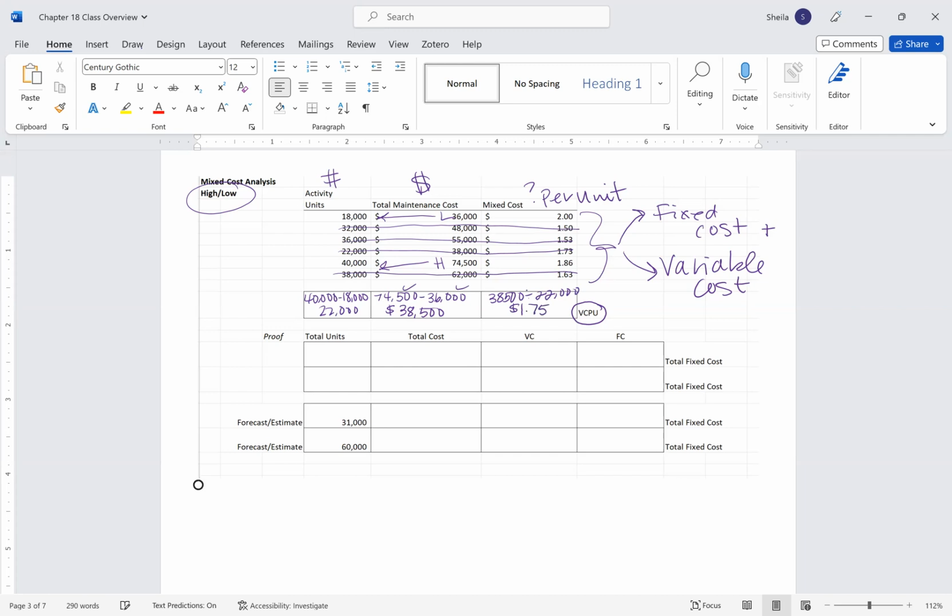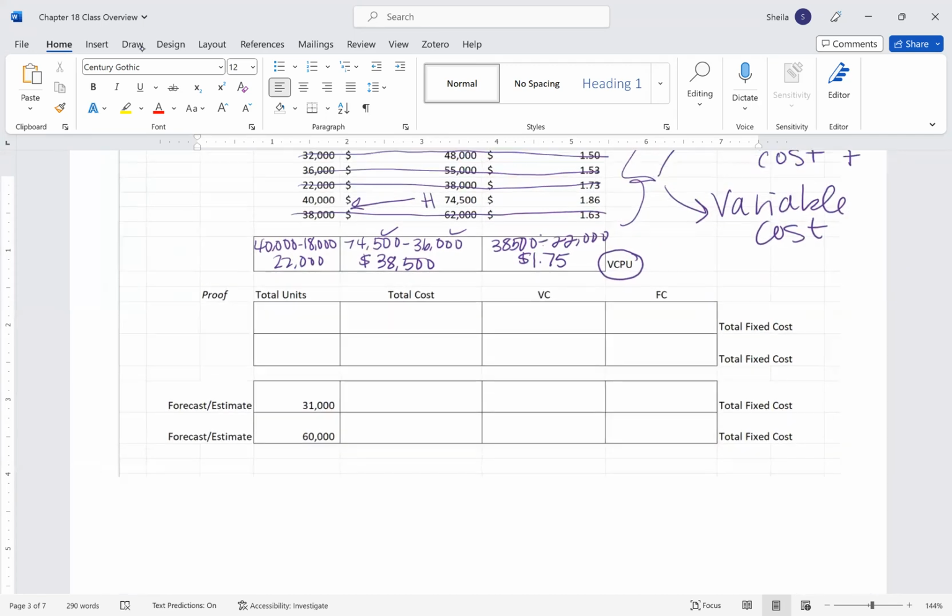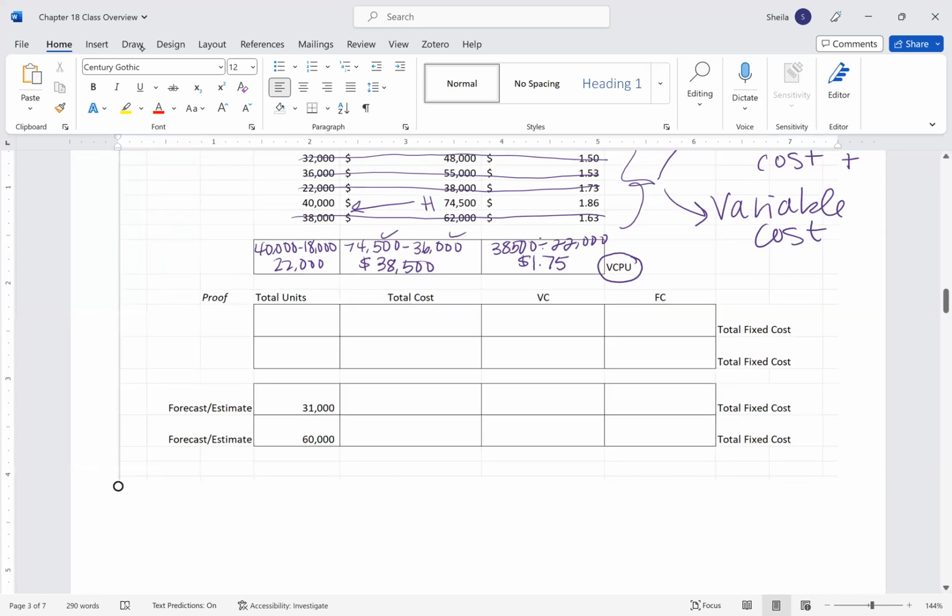So I'm going to use that as I am working through, I call it a proof, okay? But really what we're trying to do is start with the low and the high points. We should come to the same conclusion for fixed cost now that we know our variable cost per unit, okay?